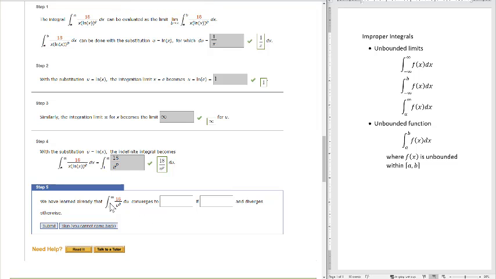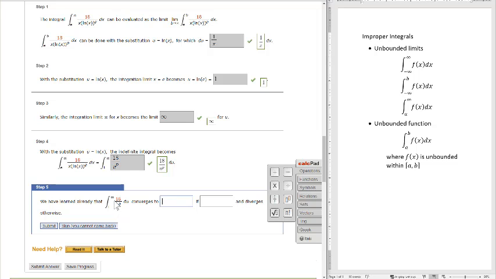So now we learned that the integral of something over u to the p converges, well, this is an 18 over here.